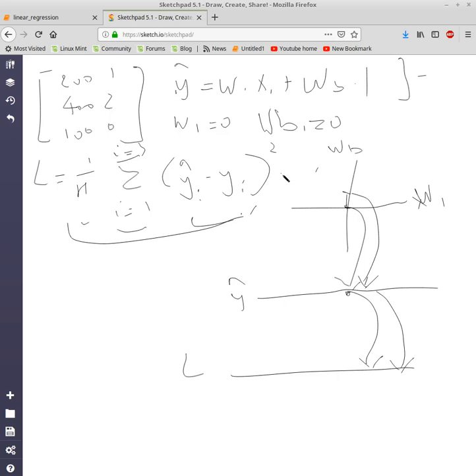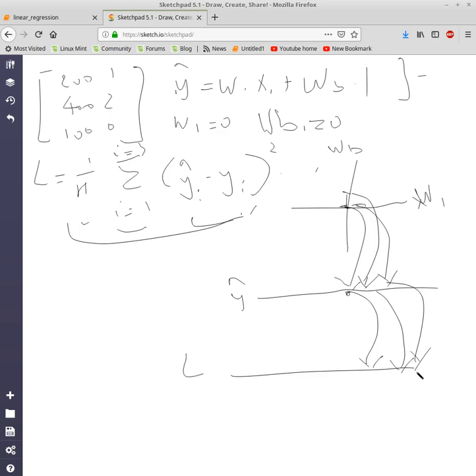Similarly, if we set WB constant from the origin and change W1 by a little bit, this will change y hat by some number, and again we'll change the loss by some number if we set WB as constant.